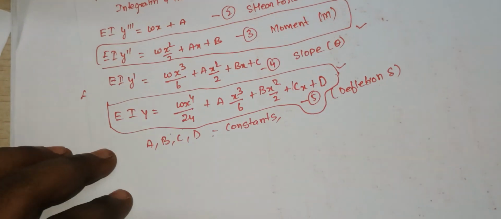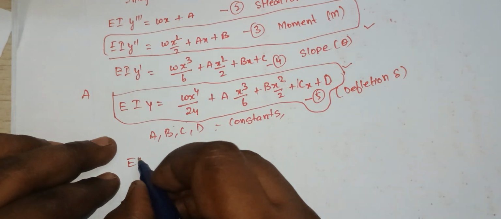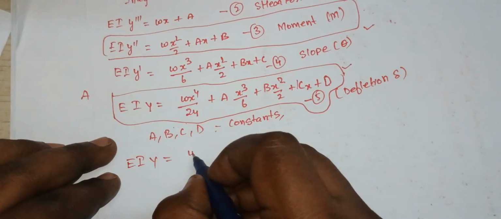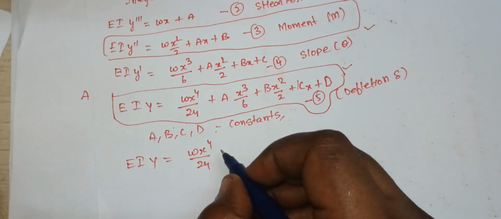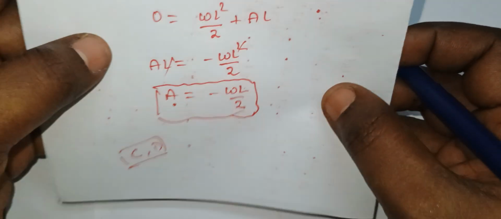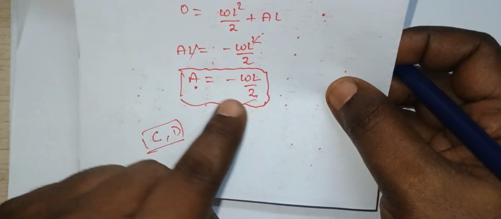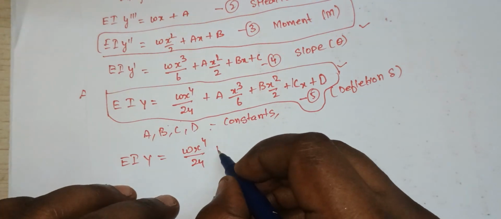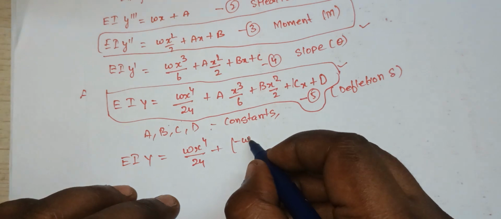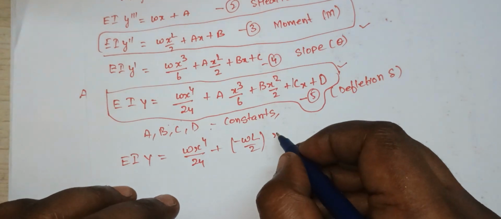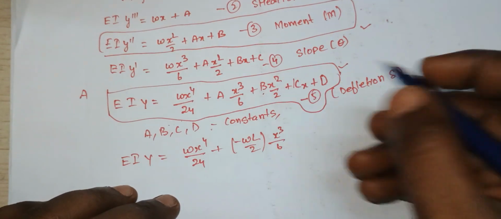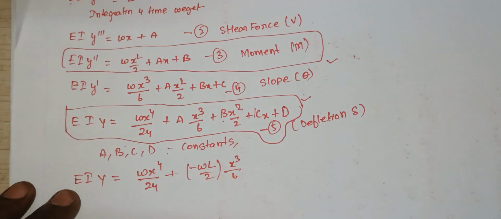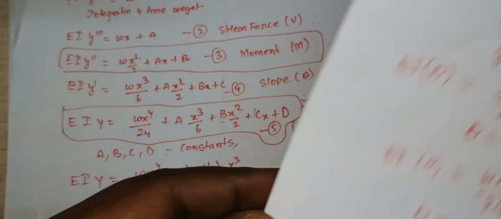So how this turns out is that EIY is equal to Wx power 4 by 24, and what is the value of A? The value of A is minus WL by 2, so plus minus WL by 2 x cube by 6. And what is the value of B?